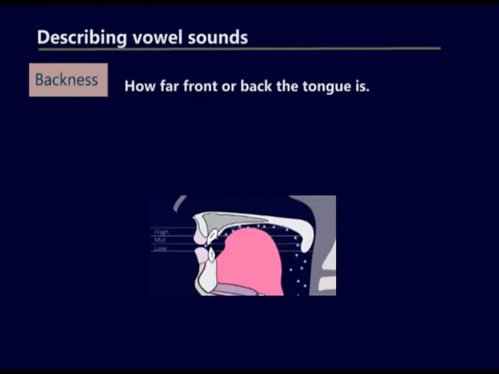In terms of backness, vowels are either considered front, central, or back. Remember that E is a high vowel, but it's also a front vowel, while Oo is a back vowel.